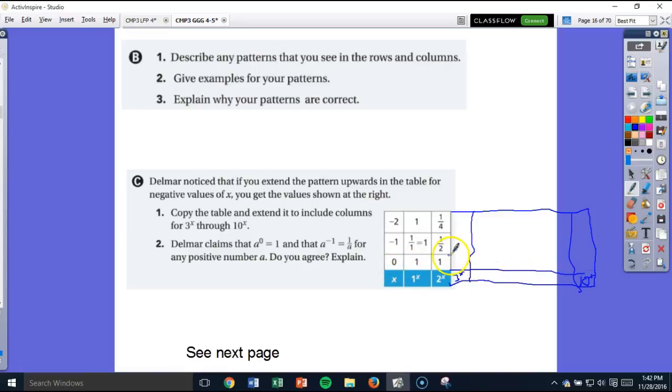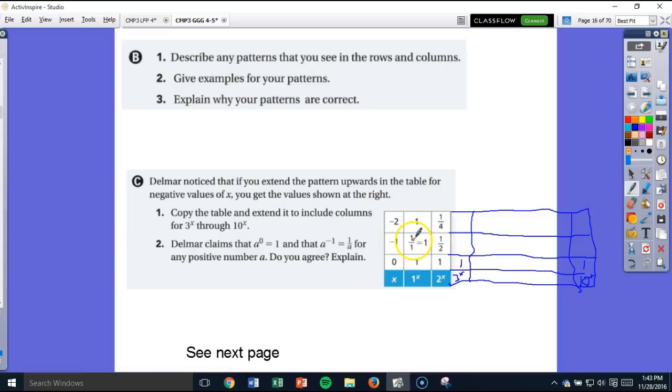So we found out one of our rules earlier is that any base raised to the exponent of 0 is going to wind up being 1. So this is going to be 1 all the way across to here. Then on the next one, we have a negative 1.